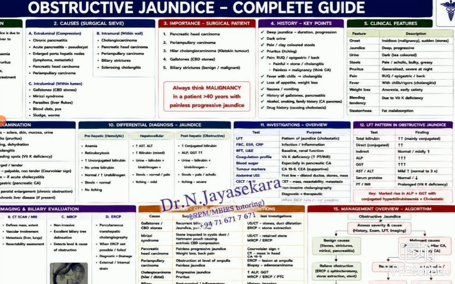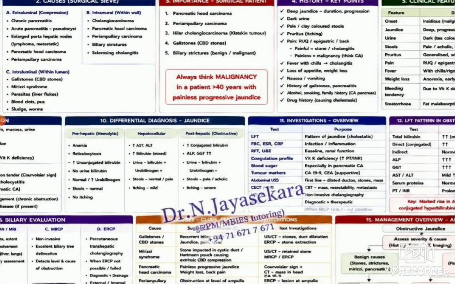The biliary tree dilates slowly over time, so jaundice becomes progressive and often painless. Therefore, a patient above 40 years with painless progressive jaundice must be considered malignant until proven otherwise.